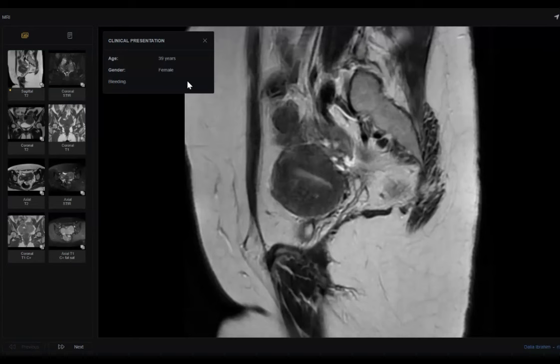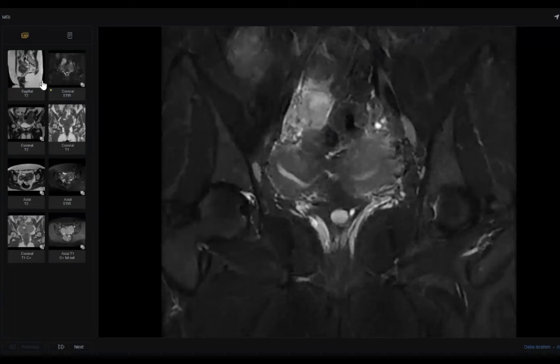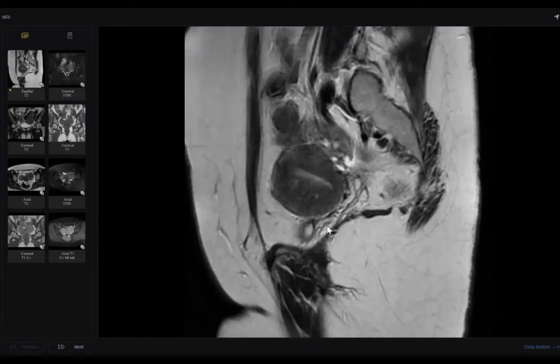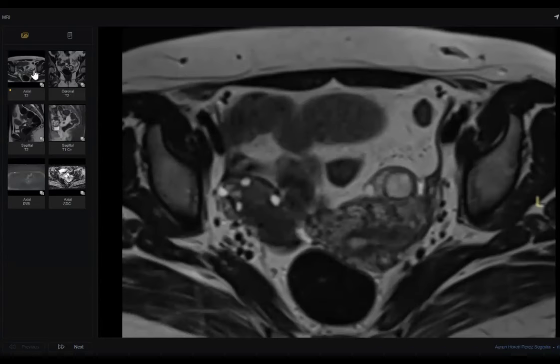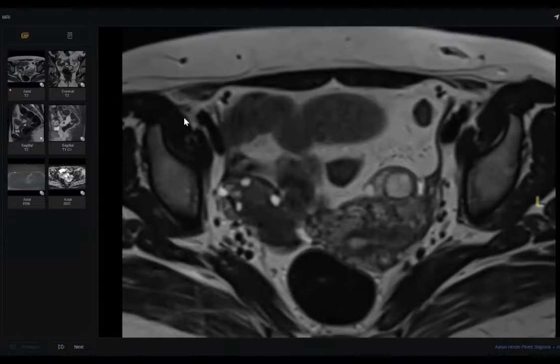This is a 39-year-old female patient complaining of bleeding. Yes, go on. One second. What happened? Leave the mouse. There's another case.